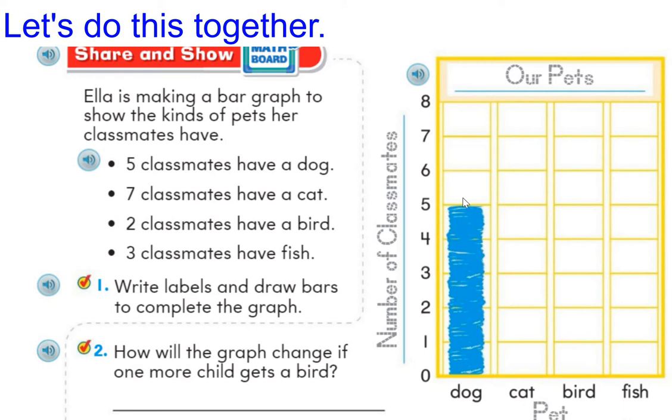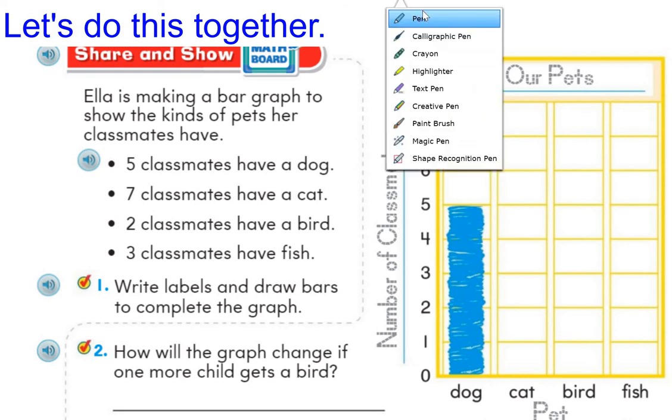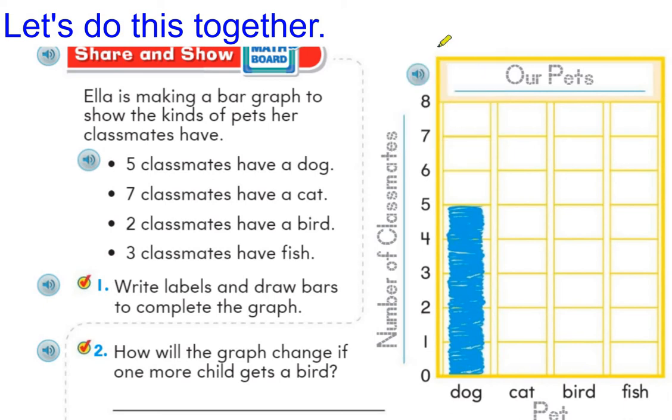So 5 have a dog. Got that. And let's see here, I gotta get my highlighter ready. 7 have a cat. So I'm going to go up here to 7, and that's where I'm going to draw my line on 7. And then I'm just going to fill that in all the way down.